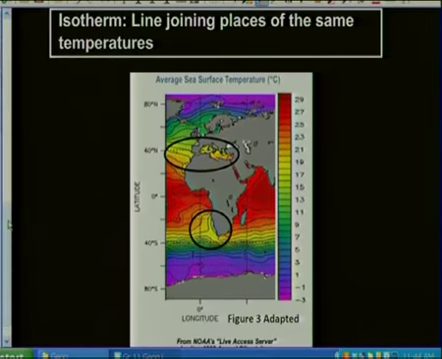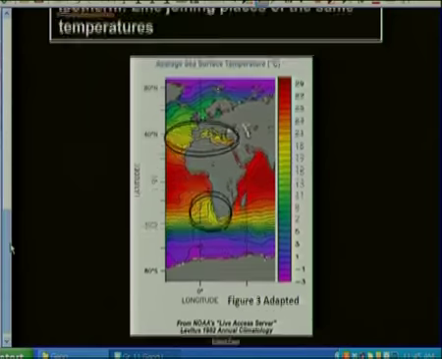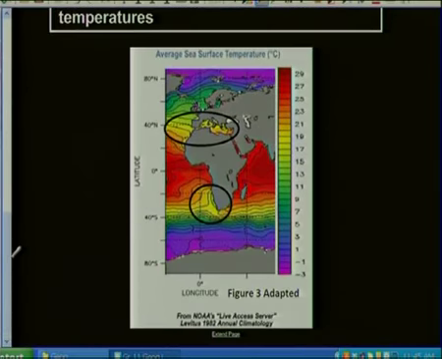Here's a very good definition of what we mean by an isotherm. An isotherm is a line on a map joining places that have the same temperatures. And here you can see the average sea surface temperature of Africa depicted using various shades, from red, very hot, down to purple, very cold, -3 degrees on your scale over here.